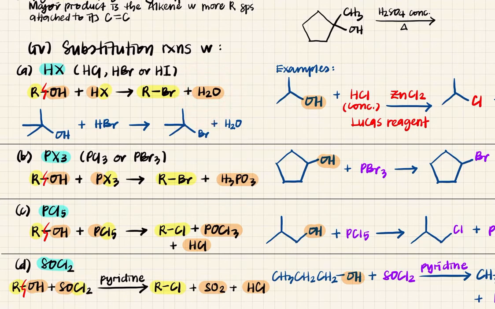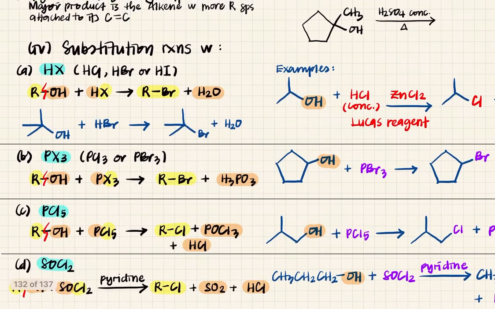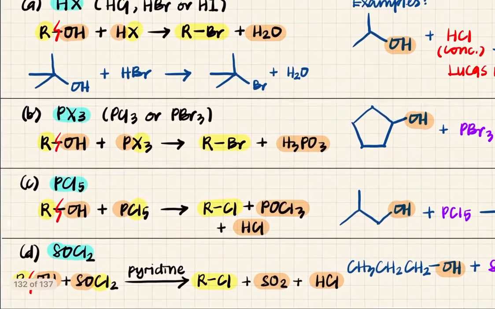So if I use PCl5, okay, cleave here, okay, gantikan OH dengan Cl, dapat haloalkane RCl. Okay, but my byproduct will be POCl3 and HCl. Okay, ni kena ingat lah. Okay, ni kena ingat dia punya byproduct. Itu boleh jadi hint untuk soalan juga.